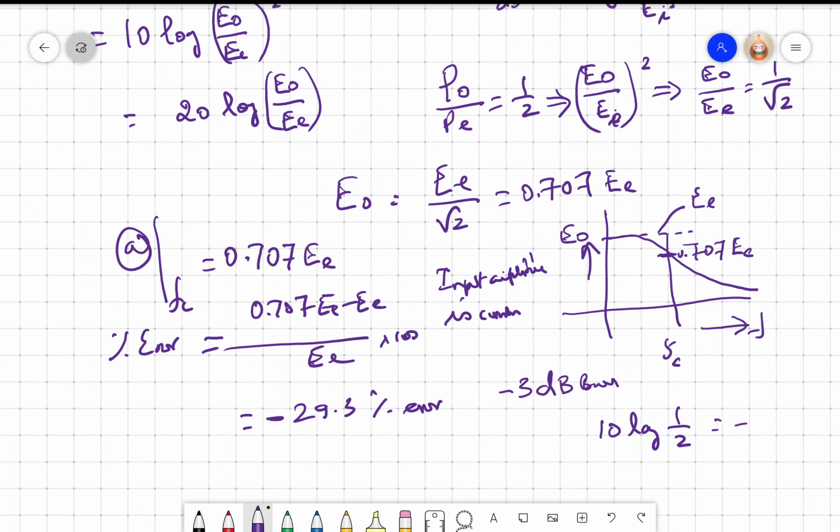This is minus 3.010 dB. So half power also means minus 3 dB in terms of measurement using the decibel as a unit. So either we can call this the half power bandwidth or the 3 dB bandwidth.